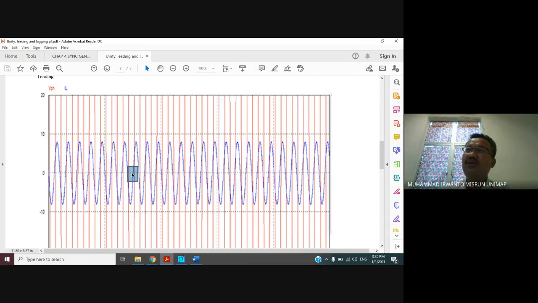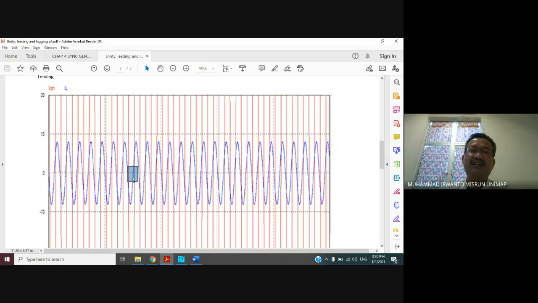The blue line appears first, and after that the red. It means the armature current leads the voltage, the red line, by how many degrees.